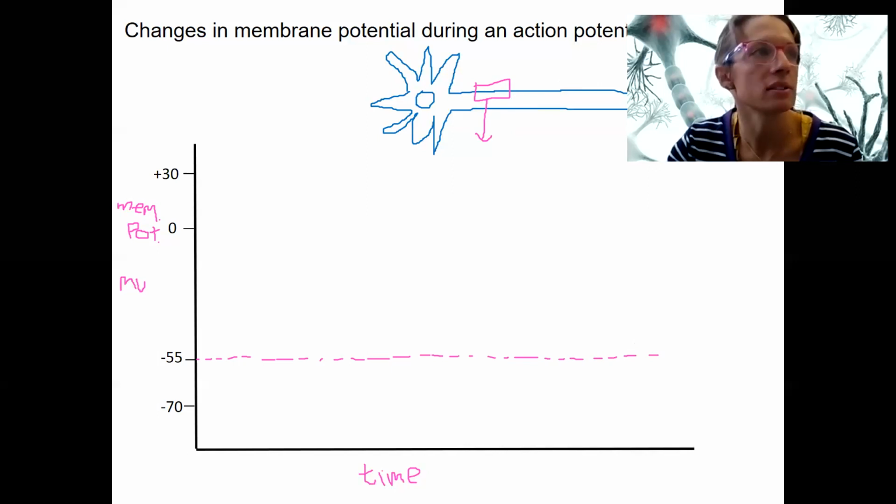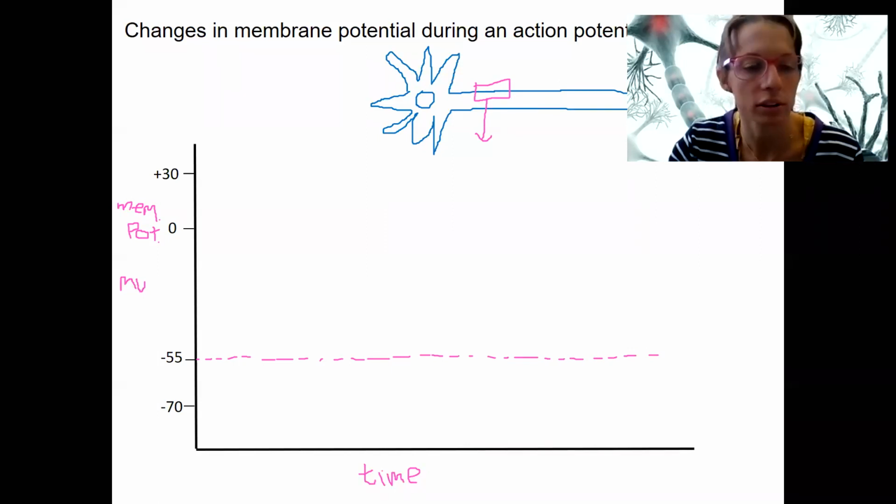Okay, so at rest, we are down here. We're at rest. And we stay at rest until we have a stimulus that is large enough to depolarize the membrane to threshold.